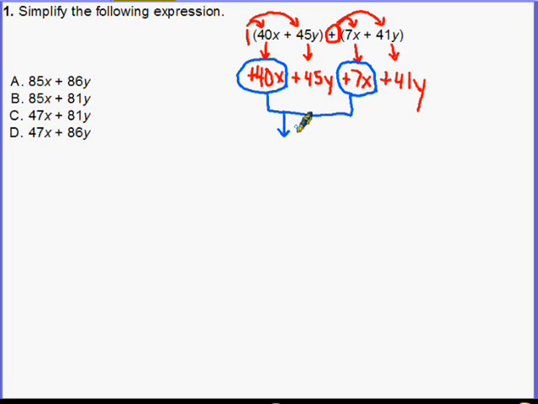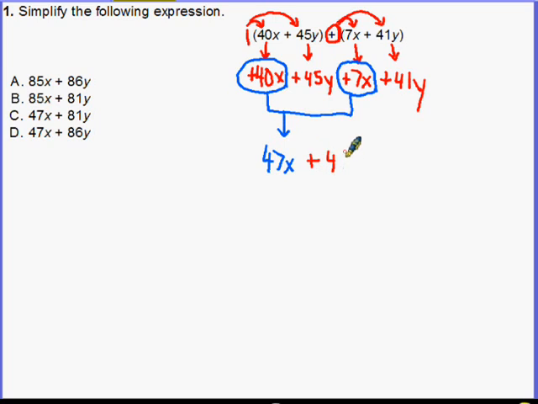So if I have 40 x's and I add 7 x's, I now have 47 x's total.